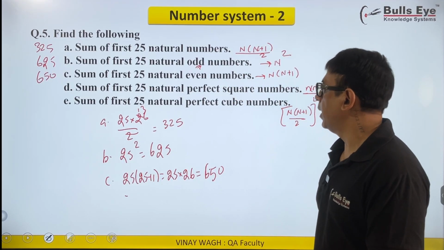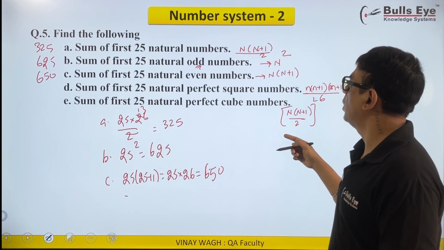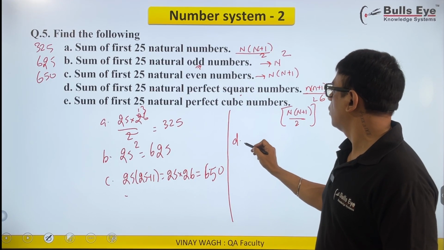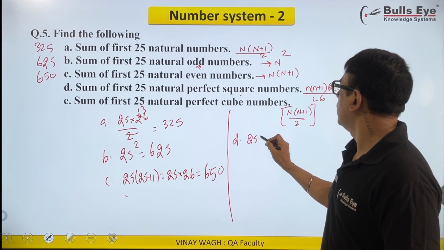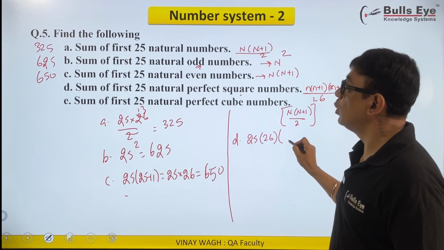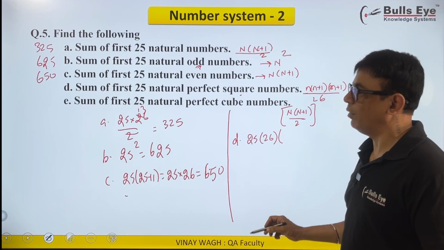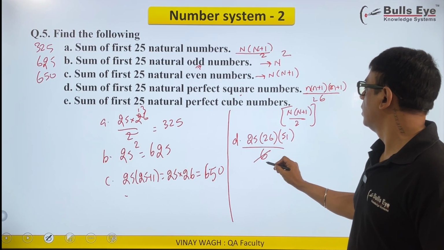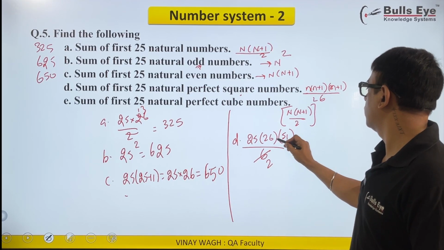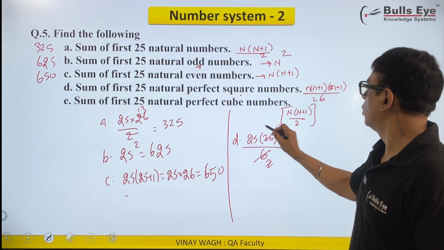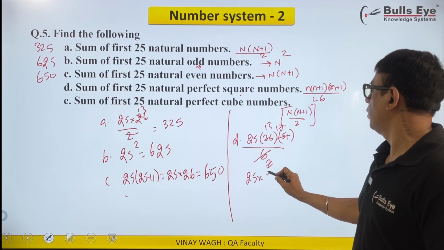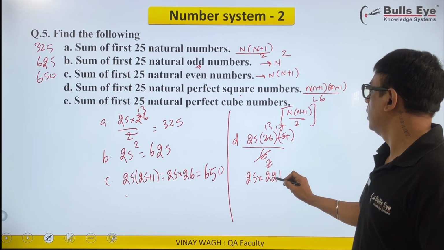Right? And sum of first 25 perfect squares. So this will be n into n plus 1 into 2n plus 1. That's 2 into 25, 50 plus 1 is 51 divided by 6. 3 2s are 6, 3 17s are 51. So that's 25 into 13 into 17 is 221.